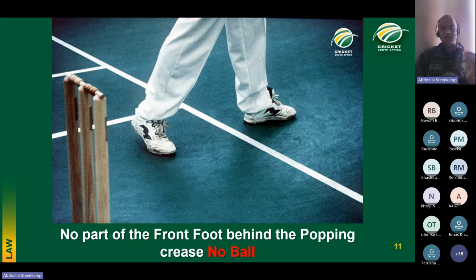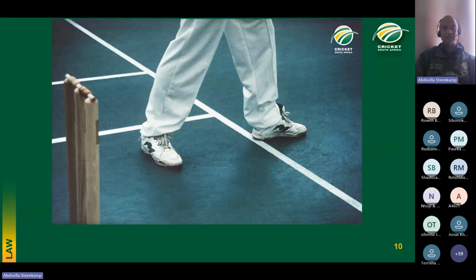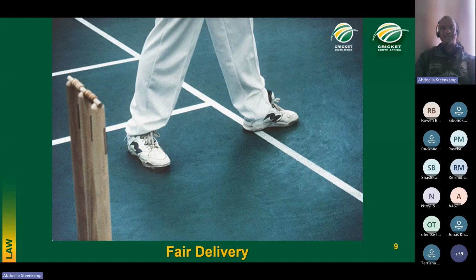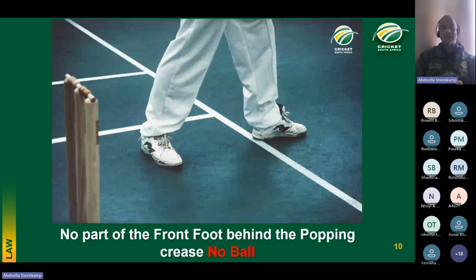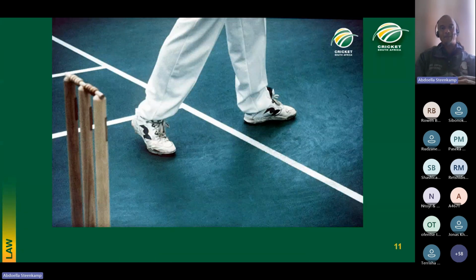You'll often find bowlers' front foot sliding, where if you look at this picture, this is where they end up. If I can just go two pictures back, let's say this was first landing. So upon first landing, there was a part of the front foot behind the back edge of the popping crease. And after the front foot landed, this is where it ended up.